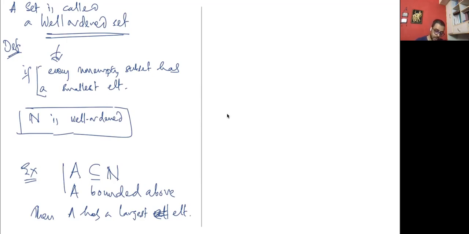So from A, you construct another subset such that the largest element of A would correspond to a smallest element of that set, and then you infer that A has a largest element from the fact that that set has a smallest element. So that would be one way to argue. Okay.